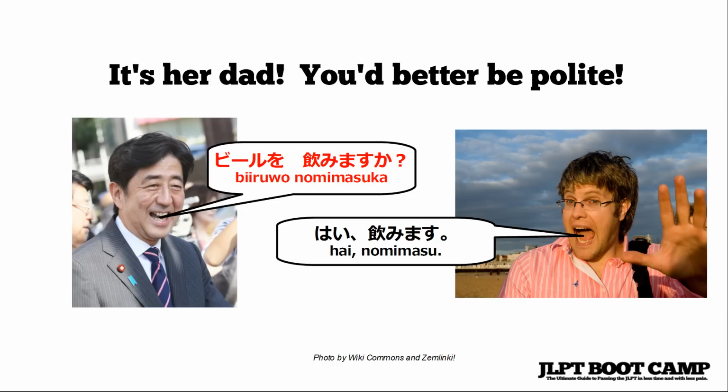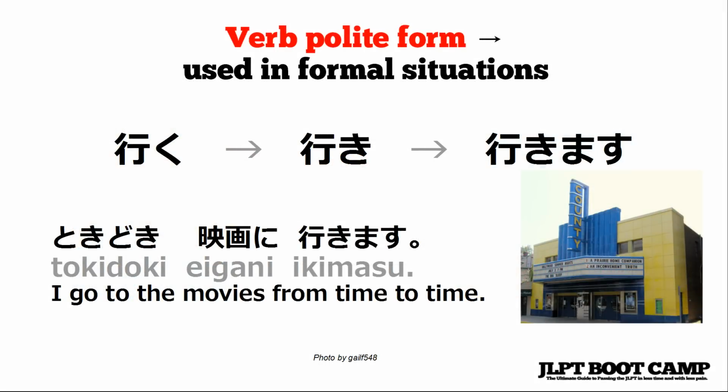Anyway, for verb polite form, again, you have to do a little bit of changing here. For the type 1 verbs, the regular verbs, if you will, you have to change the last kana to the i sound. So iku becomes iki, and then you add mas, so ikimasu. And this is for a lot of verbs that have that ending.